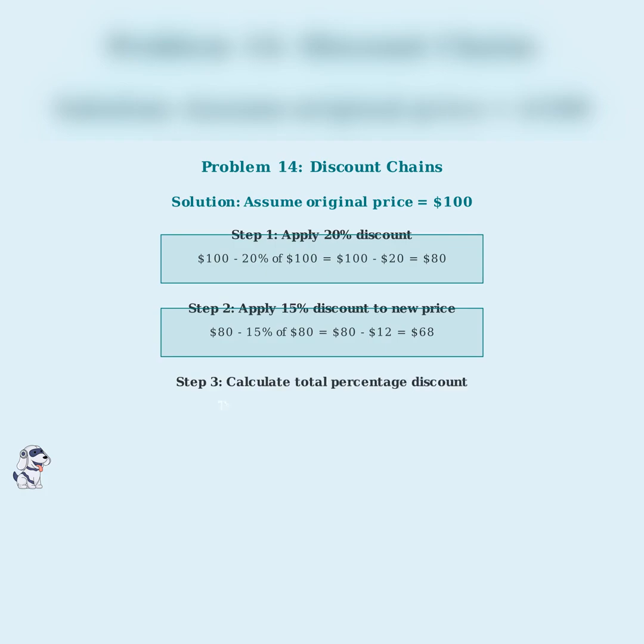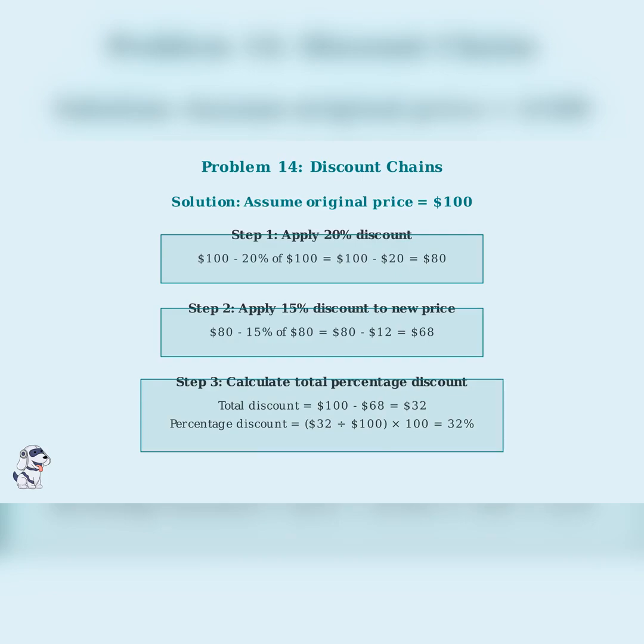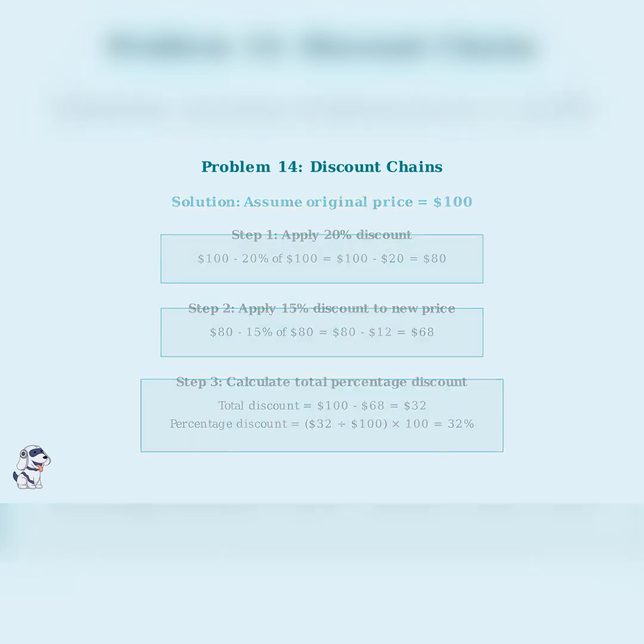To find the total percentage discount, we calculate how much was saved overall. The original price was $100, the final price is $68, so the total discount is $32. As a percentage of the original price, this is 32%. Notice that if we had simply added the discounts, we would get 20 plus 15 equals 35%, which is incorrect.